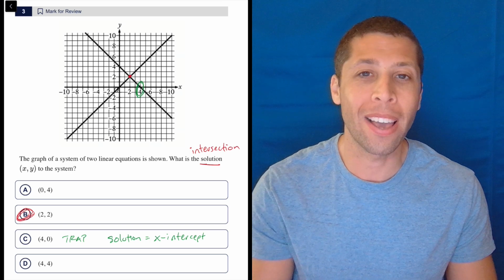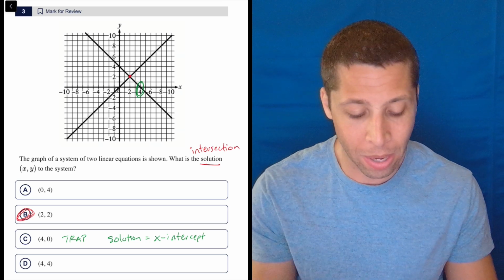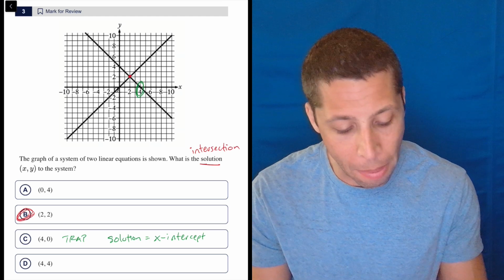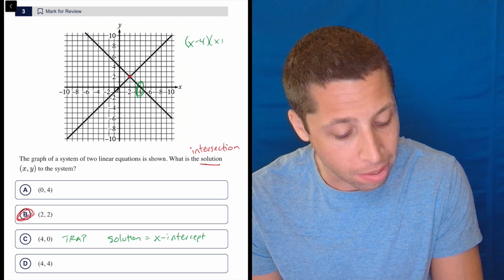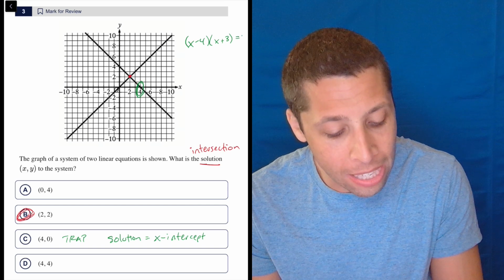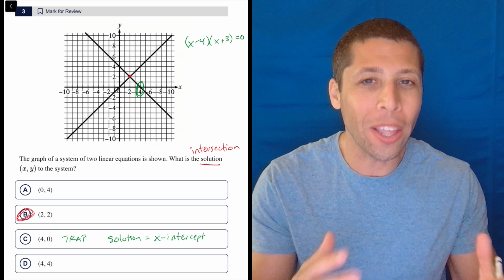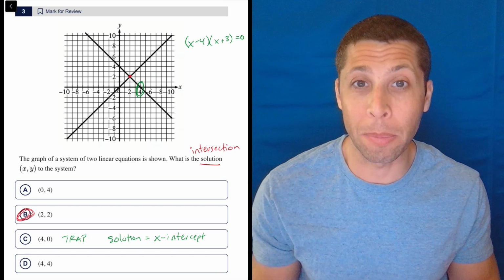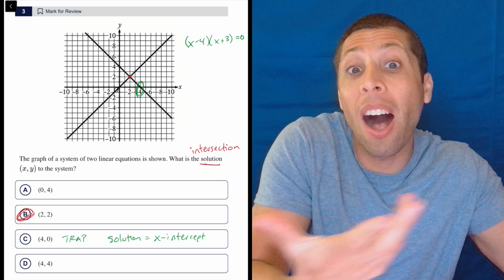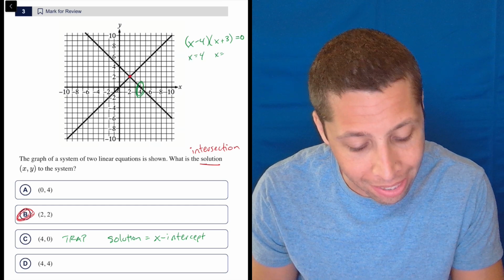When we have a solution as an x-intercept, it is because we have some sort of quadratic equation, maybe something like x minus 4 times x plus 3, and it's equal to 0. So I still don't think of it as a point of intersection, but the reason that is a solution is we only have one variable, and so the x can be solved for, in this case, x equals 4 and x equals -3.